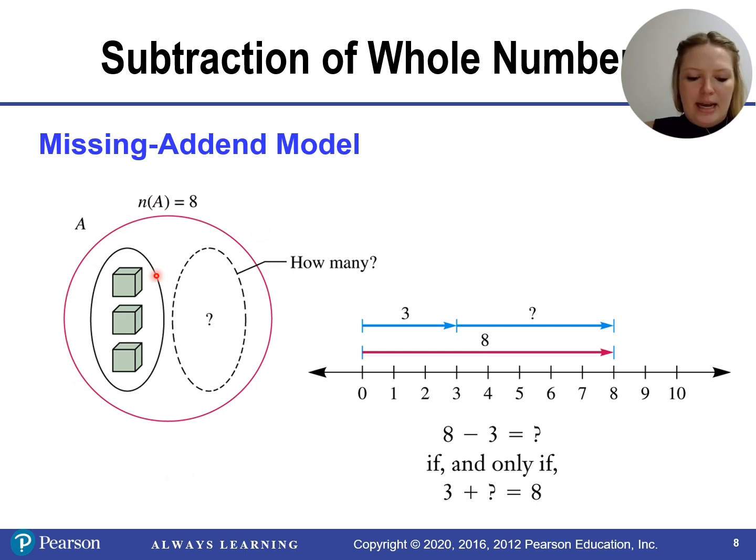We might also say, here's a set and here's another set. How many need to be in this set in order to get the whole union of the sets to have a cardinality of 8? So I have 3. I know the sum is 8. What's the difference between 8 and 3? I need to add 5 to 3 to get a total of 8.